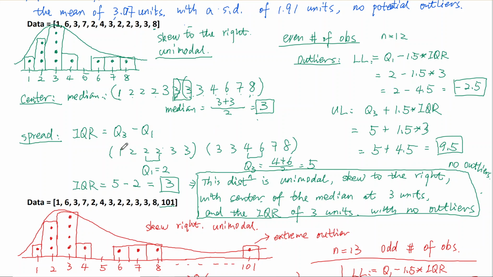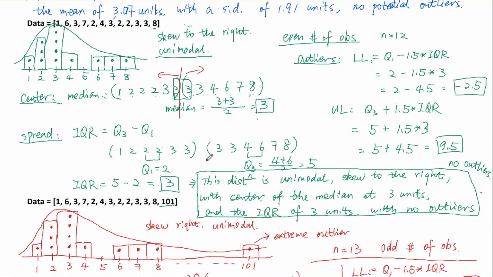Then when you find Q1 and Q3, you divide the data into 2 halves at these middle 2 values, and then find Q1 and Q3.